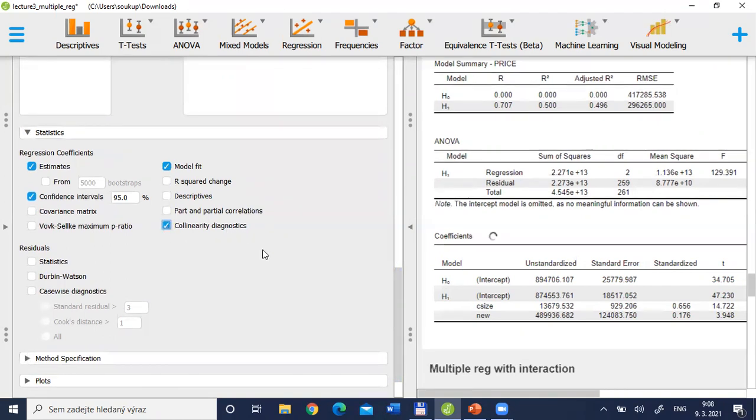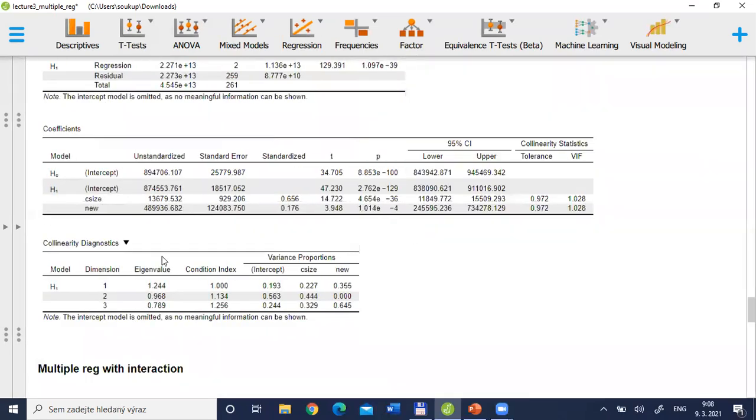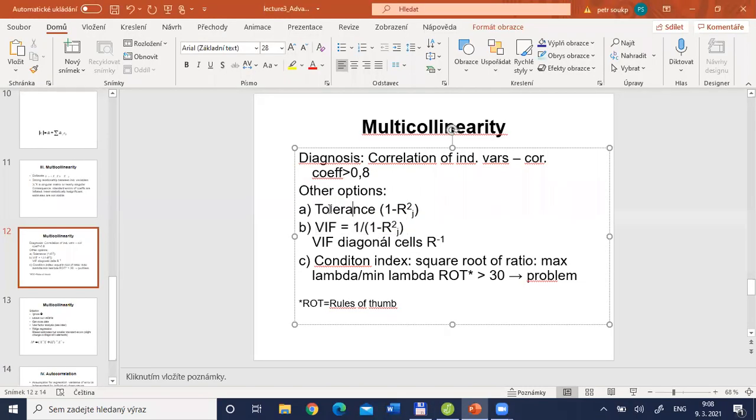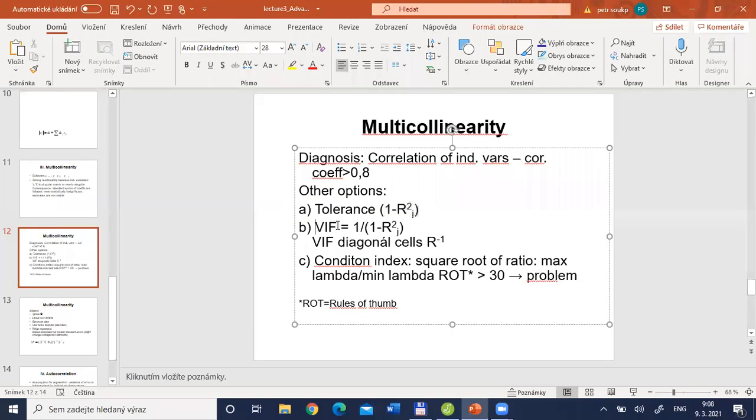If I click on this, I would get a new table, which is called Collinearity Diagnostics. We will discuss this in a few minutes. But for the classical coefficients table, I would add 2 new columns, which are called tolerance and VIF. Once again, tolerance means 1 minus R squared for regression between these two variables, C size and new, and VIF is only the reversed value.